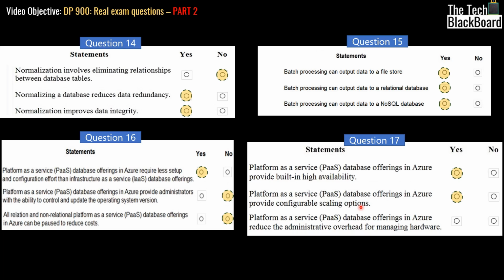Then moving on, the third statement says PaaS data offerings in Azure reduce the administrative overhead for managing the hardware. I think you can already guess the answer, because the core essence of PaaS is to reduce your overhead of managing hardware, configuring, and all that. So this is also a yes.